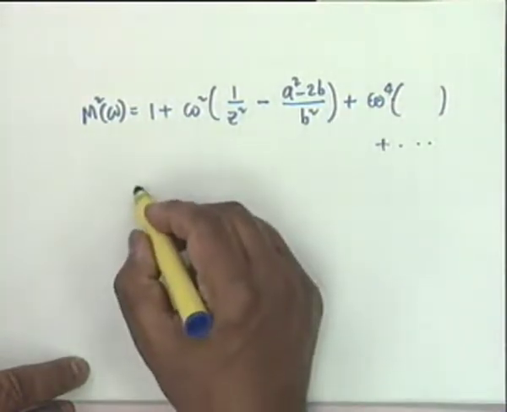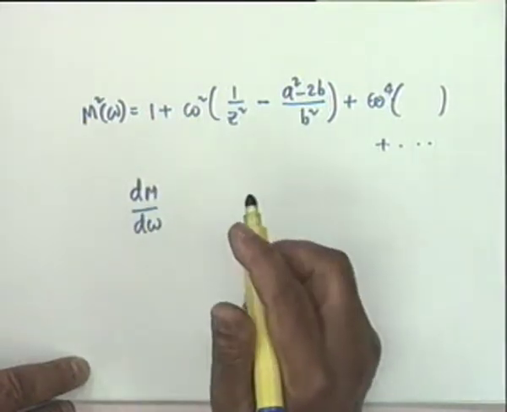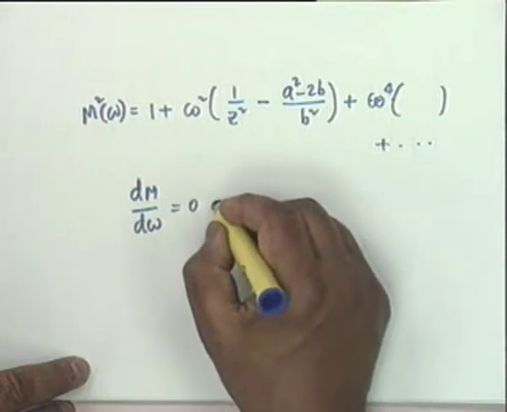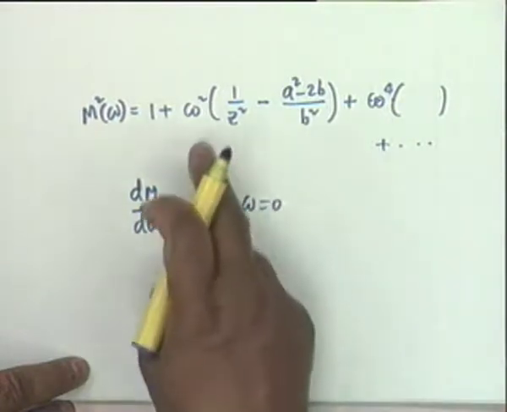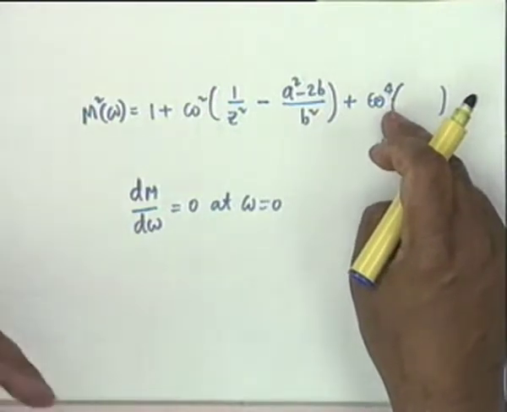Okay. Obviously dM/d omega is 0 at omega equal to 0, because this becomes 2 omega, 4 omega cubed, and put omega equal to 0, it becomes 0. Obviously no effort is needed.